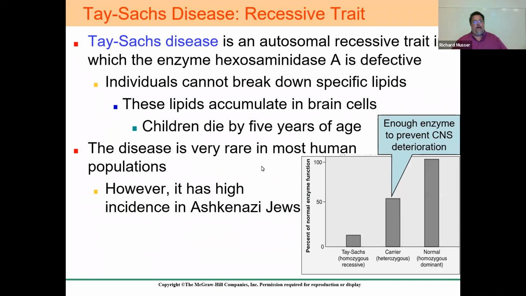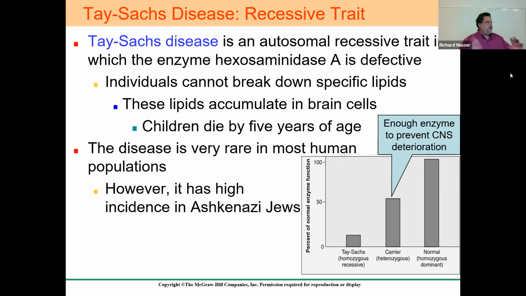There are other types of recessive traits that are also diseases, like Tay-Sachs disease, an autosomal recessive trait that causes the enzyme hexosaminidase A to be defective and prevents those individuals from being able to break down lipids. Typically, children around the age of 5 die from Tay-Sachs disease.